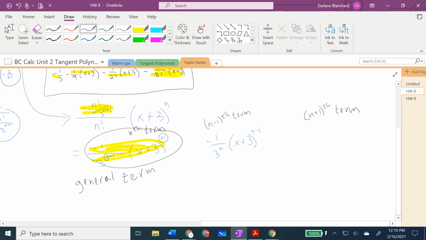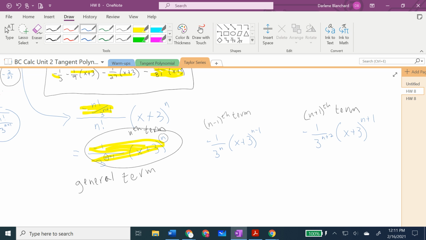If I want the n plus 1th term, then I replace all the n's with n plus 1's. So be aware that your general formula could look different from someone else's general formula and still be representing the same formula.